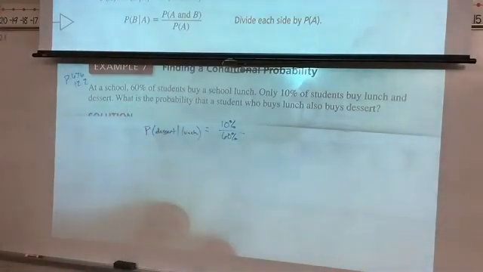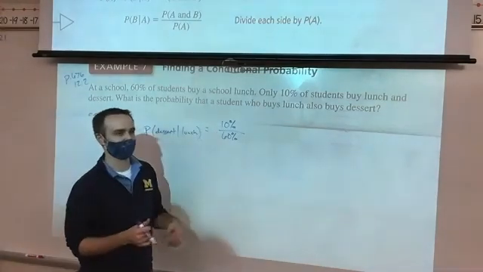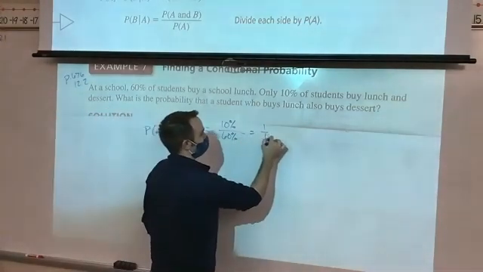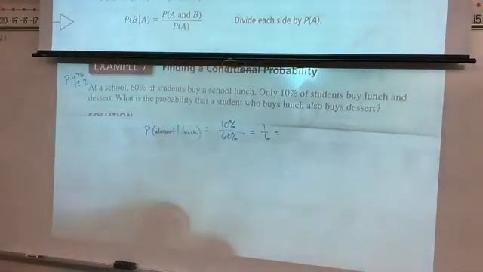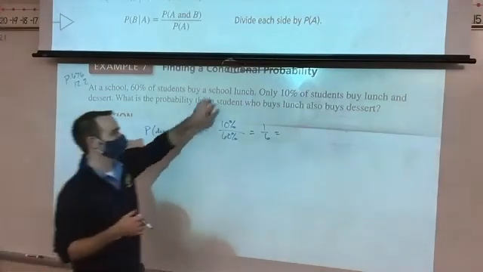So we do 10 divided, you can drop the percent, you can change them into decimals, however you want to think about it. This is just 10 divided by 60, which is 1/6, or about 16%, 17%. About 17, right? So that would give us the answer to that.